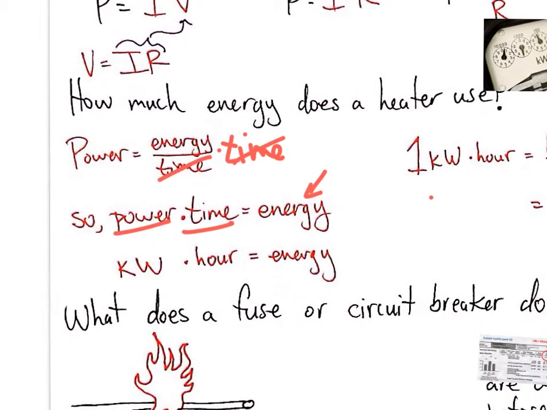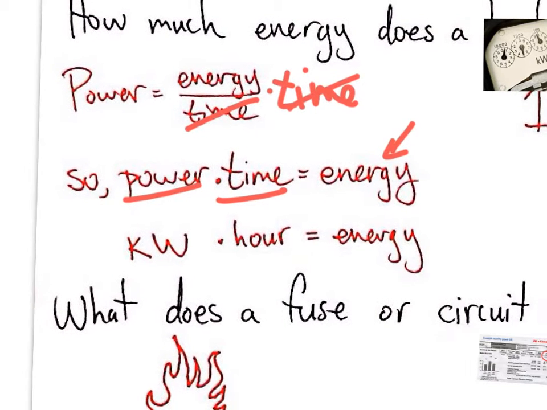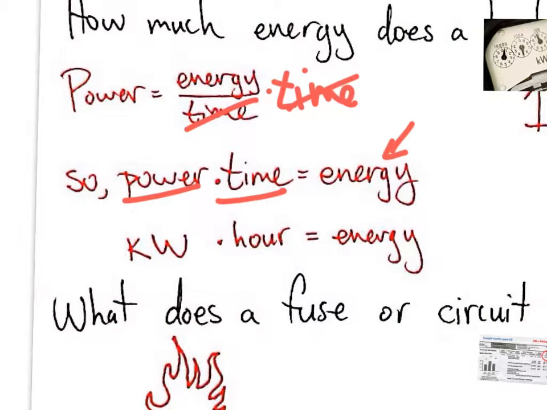When you use a certain amount on your electric bill, it's showing the amount of energy that you actually used for heaters and stoves and whatever. So power is measured in watts, but because we use a lot of them, we call it a kilowatt. So that's a measure of 1,000 watts. And then time, instead of seconds, we're measuring it in hours, because again, we do use lots of energy.